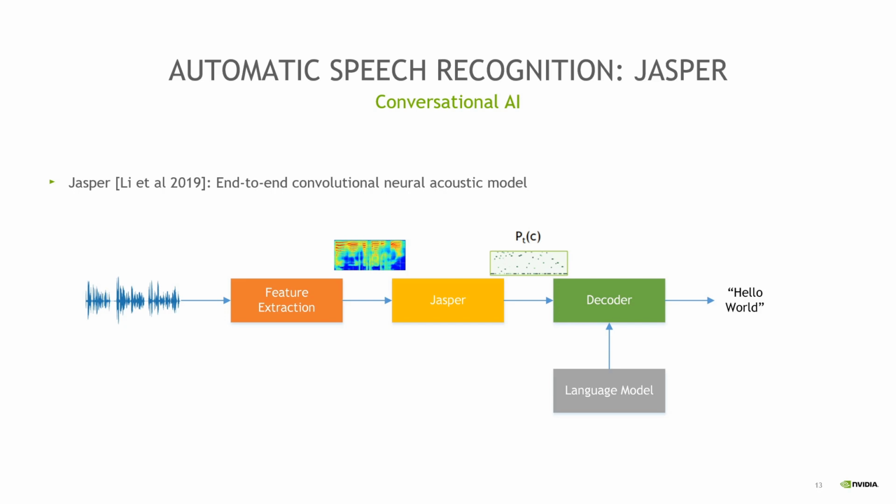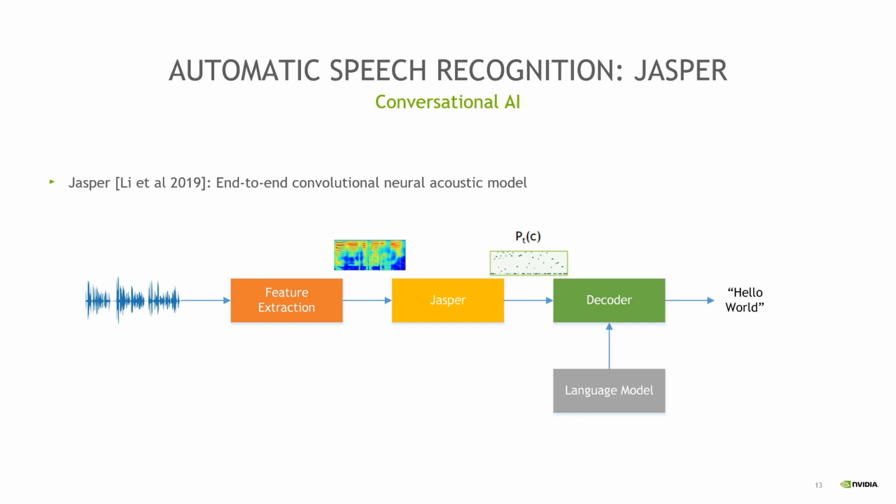Jasper is an end-to-end convolutional neural acoustic model that uses only 1D convolutions, batch normalization, ReLU, dropout, and residual connections. At input, it takes the audio from the microphone, and it then extracts mel spectrograms, which are fed into the Jasper model.